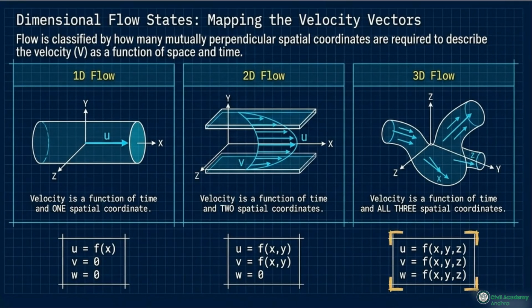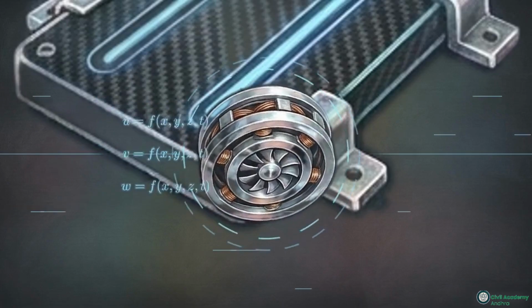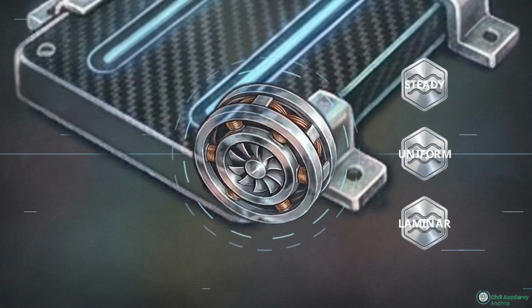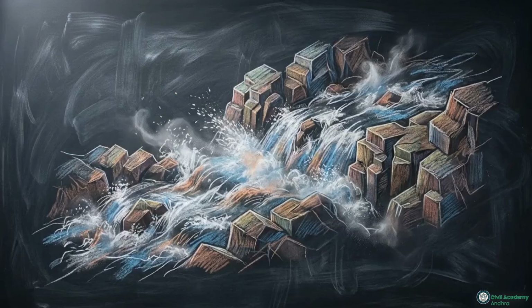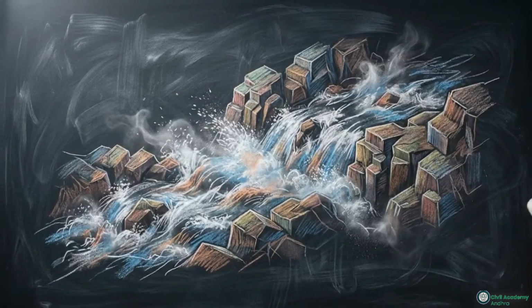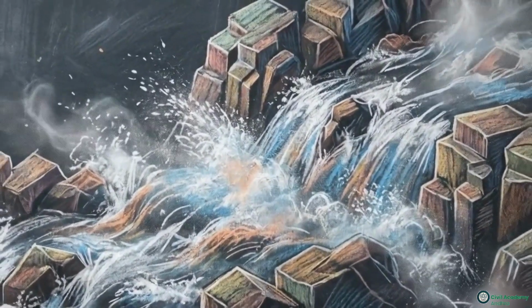On the right, true 3D flow is a complex function of all three coordinates. These velocity vector equations form the baseline data. They are the initial inputs for the diagnostic engine, the series of tests used to classify fluid flow. Every complex fluid phenomenon observed in nature is simply a variation of these exact spatial and temporal parameters.